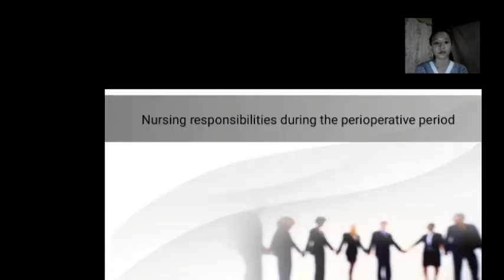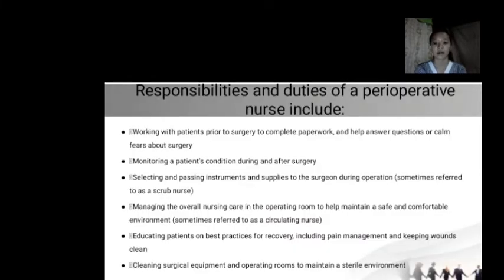So, for the nursing responsibilities during the perioperative period, perioperative nurses use a comprehensive multidisciplinary approach to patient care, assisting surgeons and surgical teams to care for a patient before, during, and after surgery. Specifically, responsibilities and duties of a perioperative nurse include working with patients prior to surgery to complete paperwork and help answer questions or calm fears about surgery.